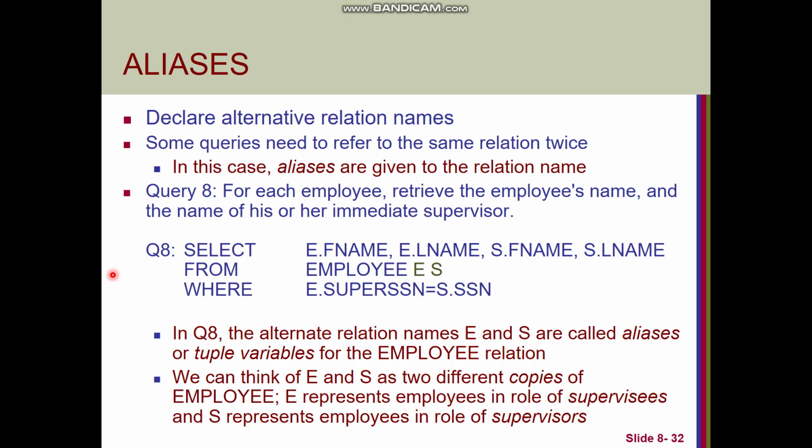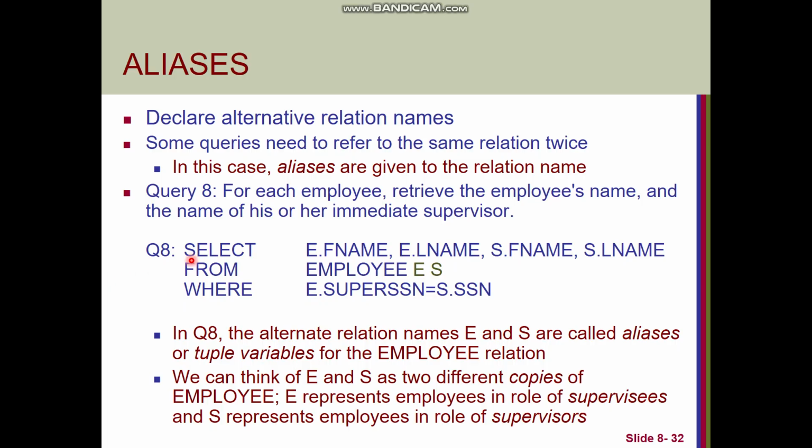Aliases mean that if we don't want to use the full form of the table, like employee, department, mentioning these can be hectic. If we have long queries and have to mention the full table name, that becomes difficult. So we can simply create aliases.